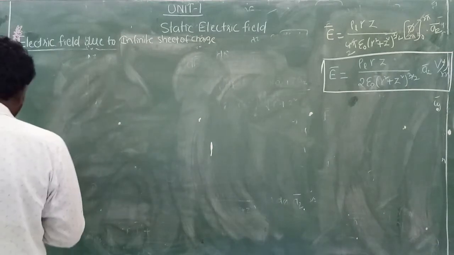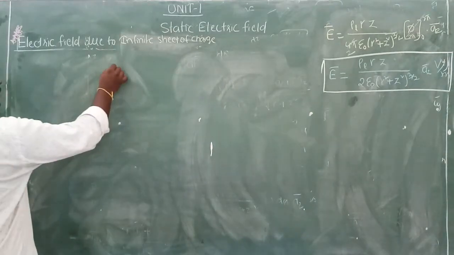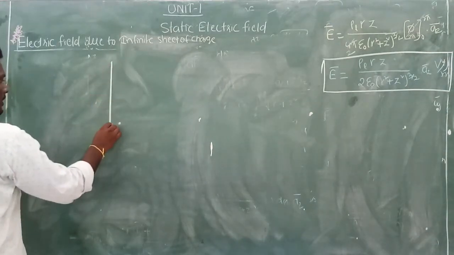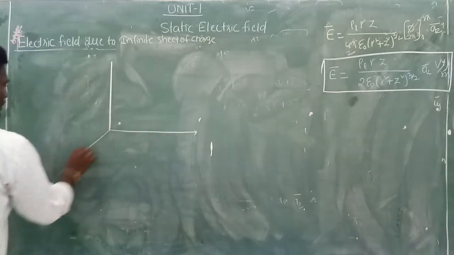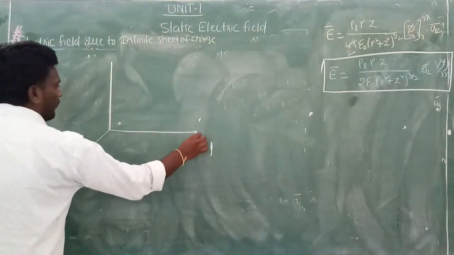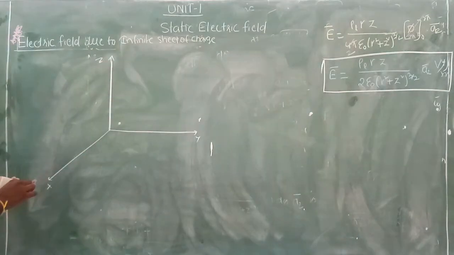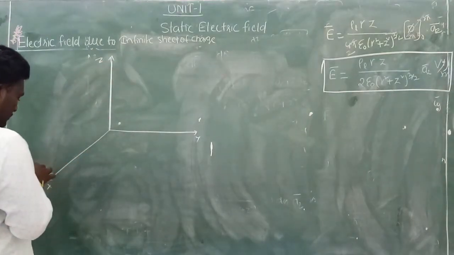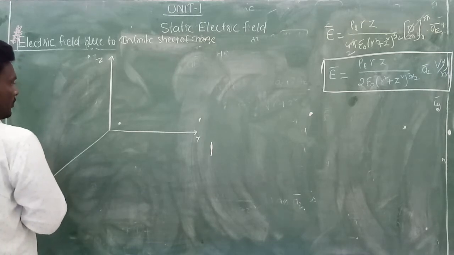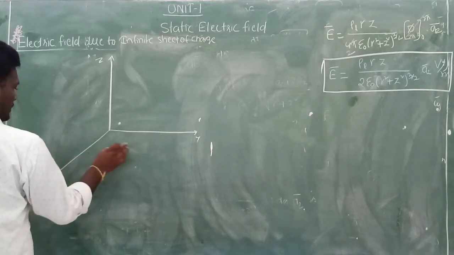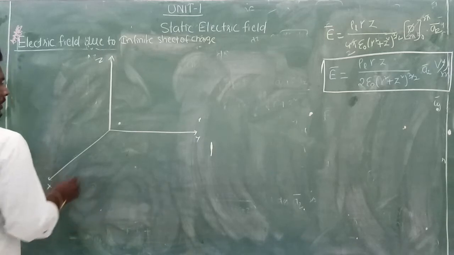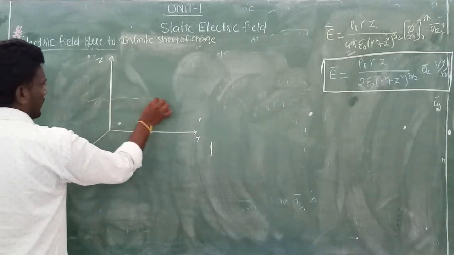So now, to derive the expression for the electric field due to an infinite sheet of charge, the initial explanation is the same as before. Take x, y, z axes, and on the xyz axes place your infinite sheet of charge on the xy plane.